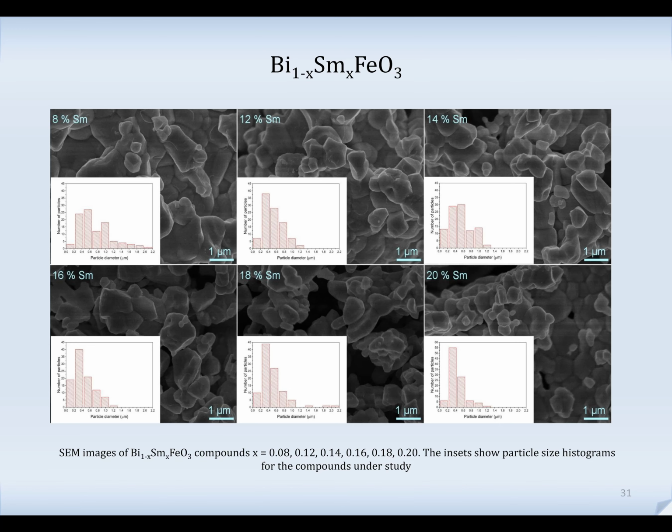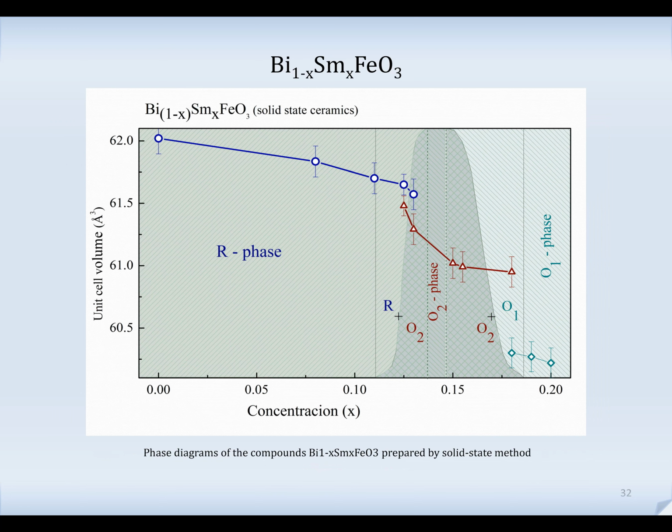Based on these data, we constructed the phase diagram. For solid state ceramics, we declare that there is a region in concentration which is ascribed to single phase O2 structure, antipolar. This region is a coexistence of R plus O2, and this is O2 plus O1.